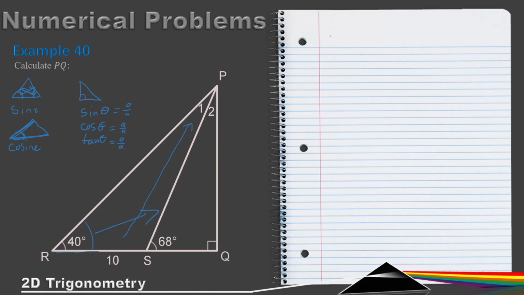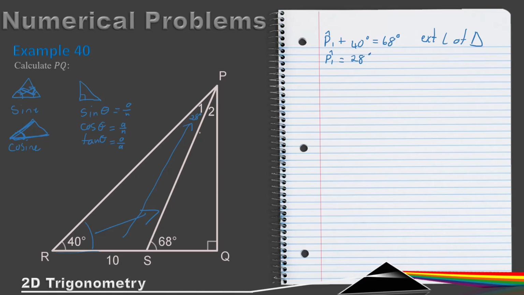So P1 plus 40 is equal to 68 degrees, exterior angle of triangle. Then solve for P1: 68 minus 40, which is 28.